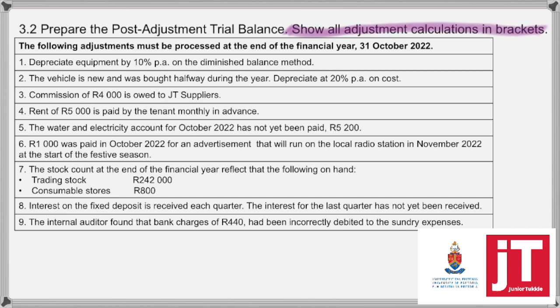And then consumable stores on hand means that we still have 800 Rands worth of consumables left that I can use next year. So my expense is overestimated and I need to minus it. And then the interest for the last quarter has not yet been received, so that's an accrued income. And lastly, it was just a correction of an error where bank charges was posted to sundry expenses in error.